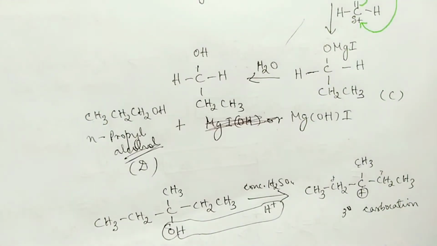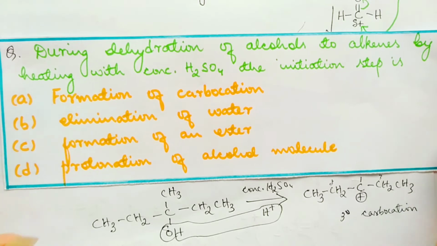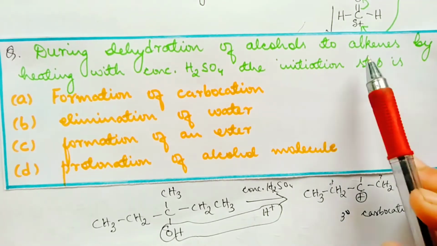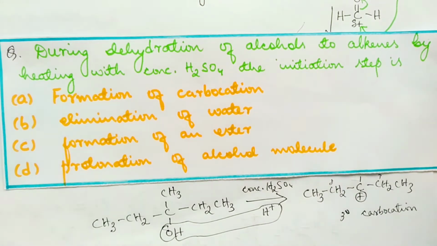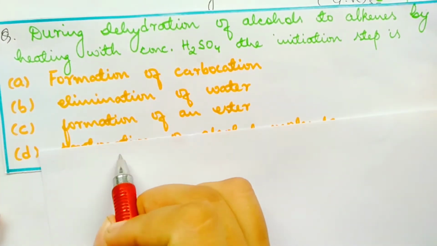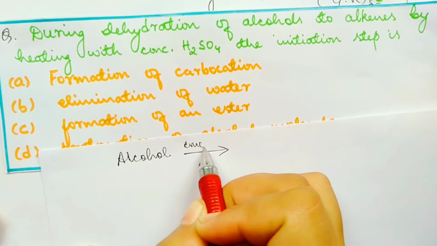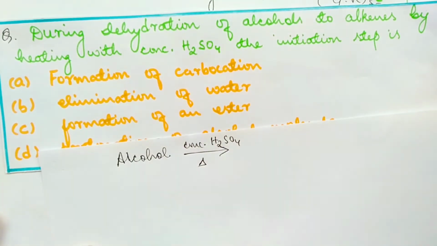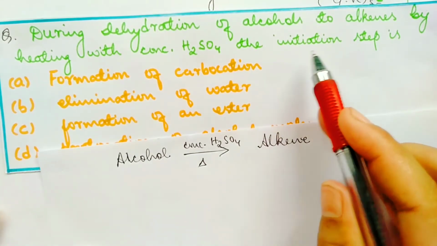Next, this one. See here. During the dehydration of alcohol to alkene by heating with concentrated sulfuric acid, the initiation step is, we have to choose the correct answer. We know that when we heat an alcohol with concentrated sulfuric acid, then dehydration takes place and we get an alkene, and we want to know the initiation step.